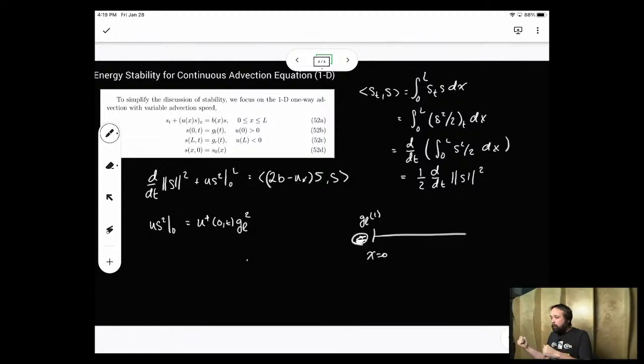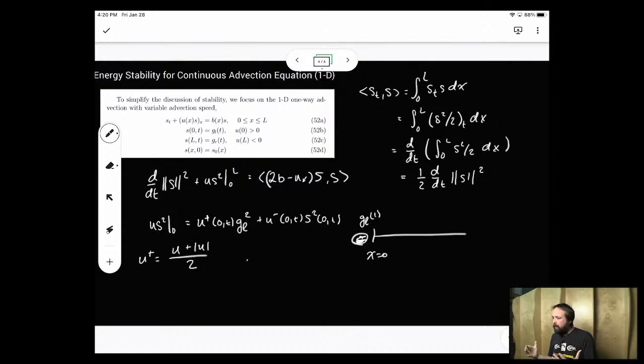Again, I'm pulling in from the left when u is positive, and then when u is negative, we'll say u minus, this is the component of u that flows to the left, and I'll show you what those formulas look like here in a second. So it's kind of neat. And then what we get here is s squared at 0 and t. And so u plus is just the velocity field plus its absolute value over 2.